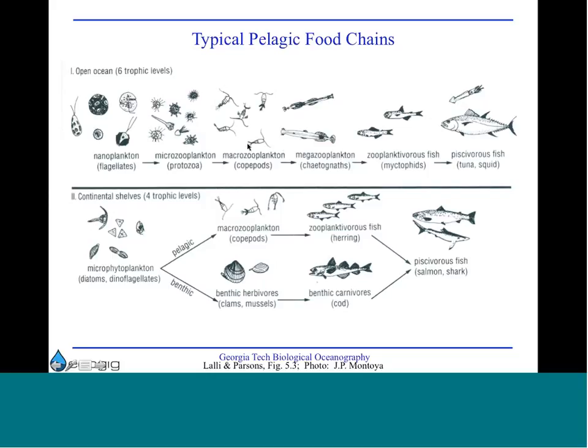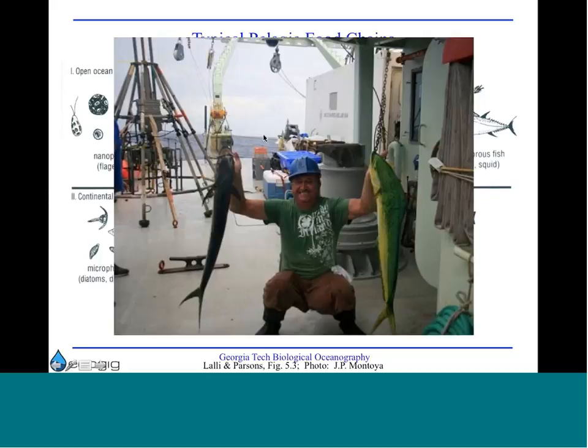Very few people who aren't scientists or interested in science know or care about all of these links. In fact, what people typically care about are things like this. This was one of the seamen on the Oceanus, and he captured those two mahi in about 5 minutes while we were out there, actually fairly close to the wellhead.